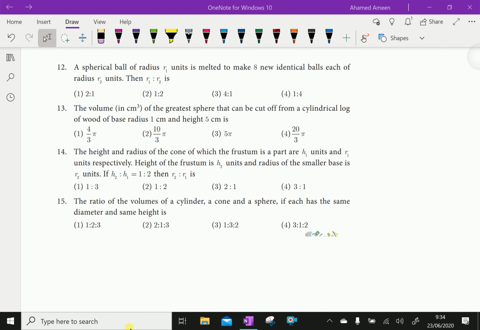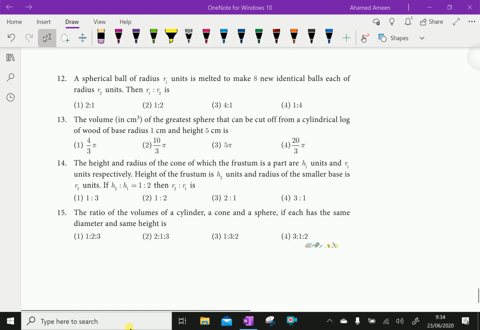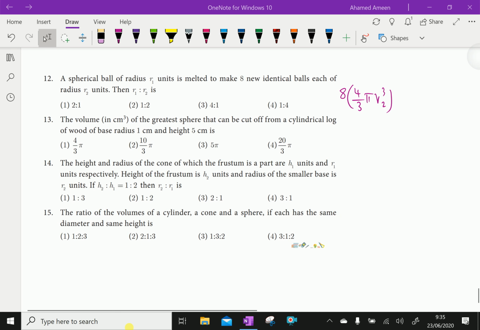Here, 8 small balls, that is 8 times the volume of small sphere, which is 4 by 3 pi r2 cube, equals 4 by 3 pi r1 cube.